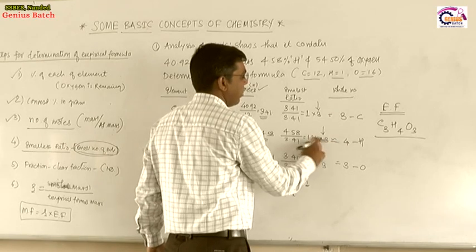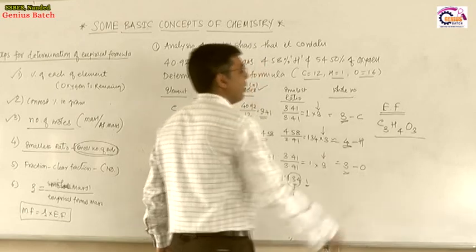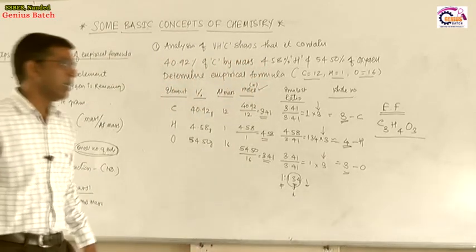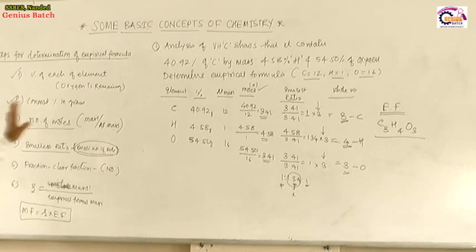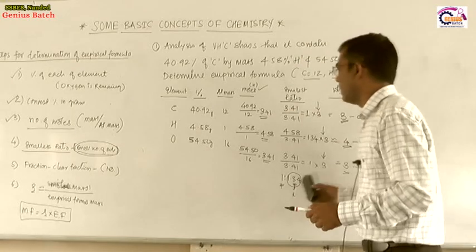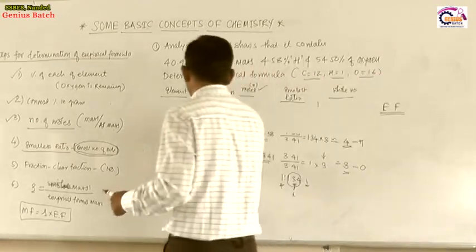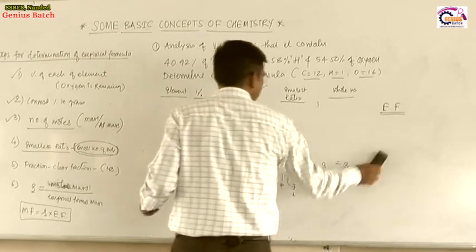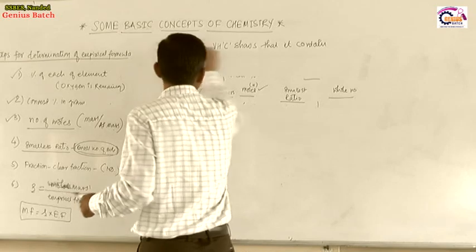So it is multiplied by 3, we get 3, 4 and 3. The formula will be C3H4O3. In this way we find out the empirical formula from the percentage composition. Exactly similar to this, we can solve any other example and determine the empirical formula of the compound.